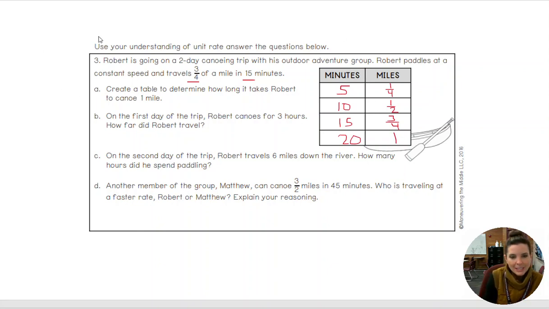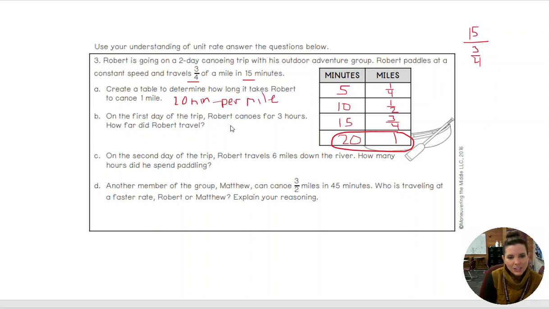Okay, and if we find the unit rate and we want to know how many minutes for 1 mile, we would do the 15 minutes on top divided by the 3/4 on the bottom, and that's how we're going to get the 20 minutes in 1 mile. Okay, so we can say 20 minutes per mile.